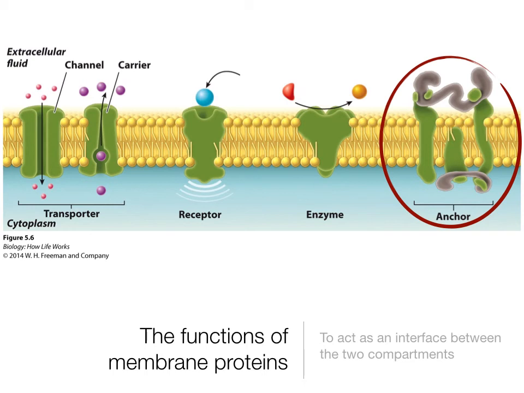So, for example, an intracellular anchor can attach to the cytoskeletal filaments and maintain the structure of the membrane, or extracellular anchors can attach with extracellular matrix molecules or to other cells' proteins, so that it attaches the cell to a substrate or to another cell.